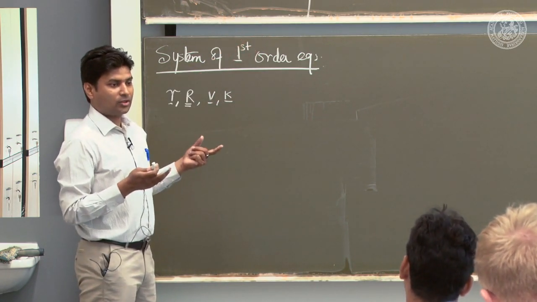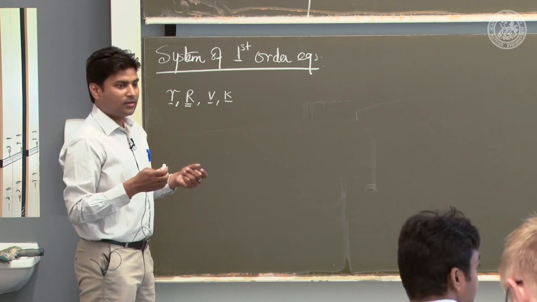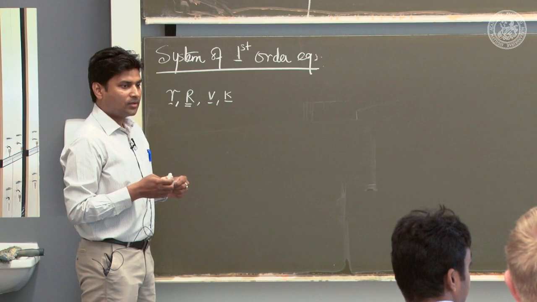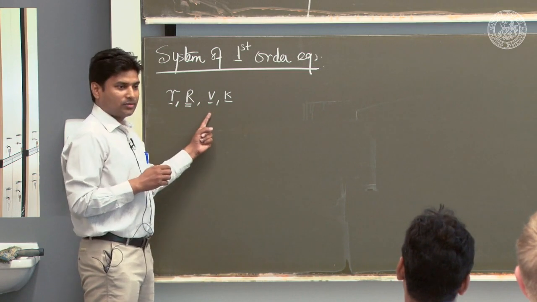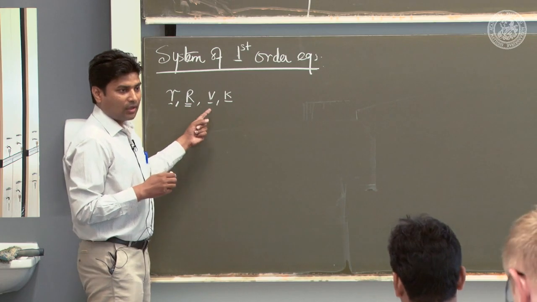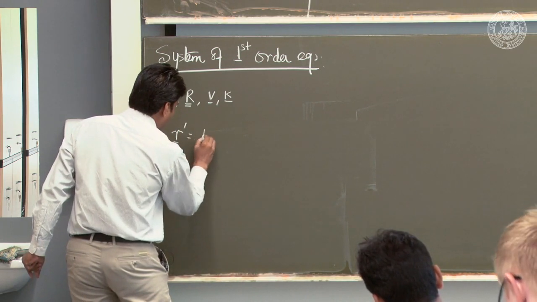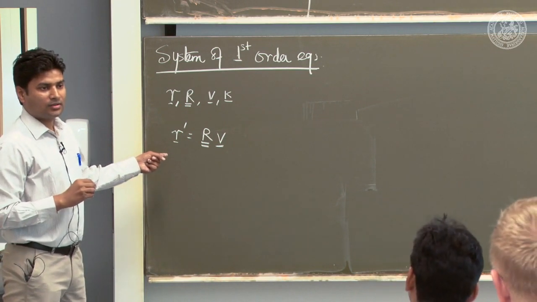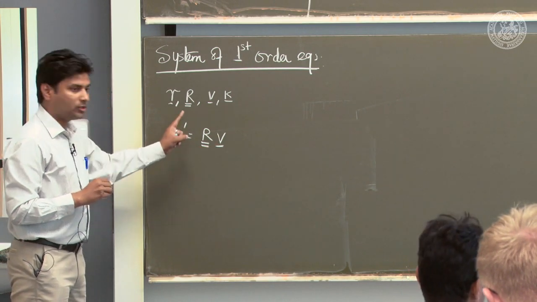So what will be the remaining 6 equations? Can you guess? Which identities? First order derivative is equal to first order derivative, right? Yeah, exactly, yes. I mean, relating this with this. Relating little r with V. And you already have that, right? That little r prime is equal to big R times V. Isn't it? That's how V was defined. V was big R transpose little r prime, right?